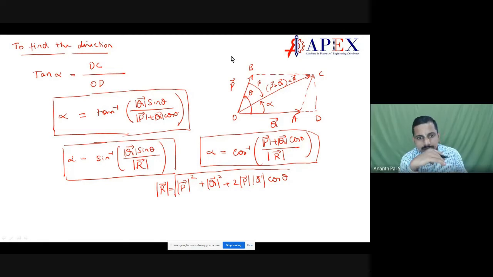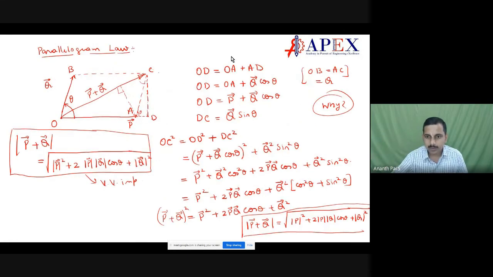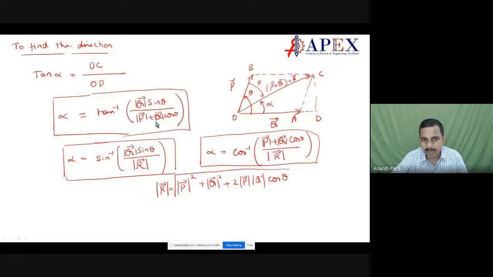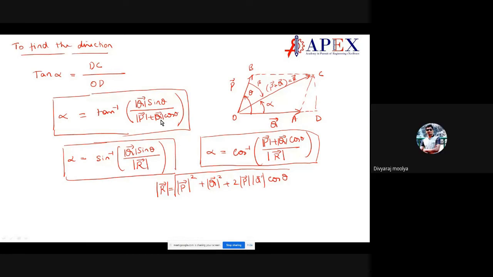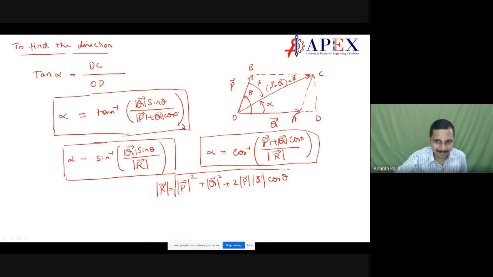DC is Q sine theta, is it not? Tan is opposite by adjacent. Yes, sir. But in this diagram, Q and P have been interchanged. I'm very sorry. My bad. P here, Q here.